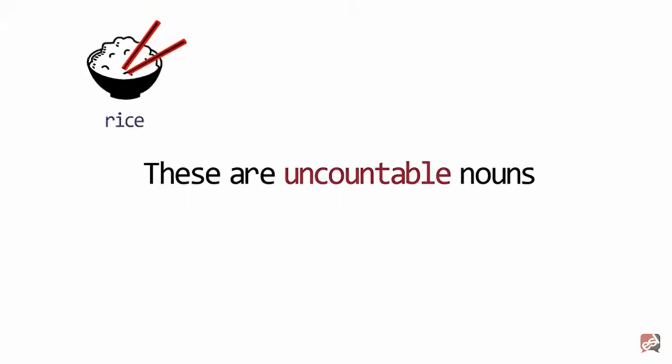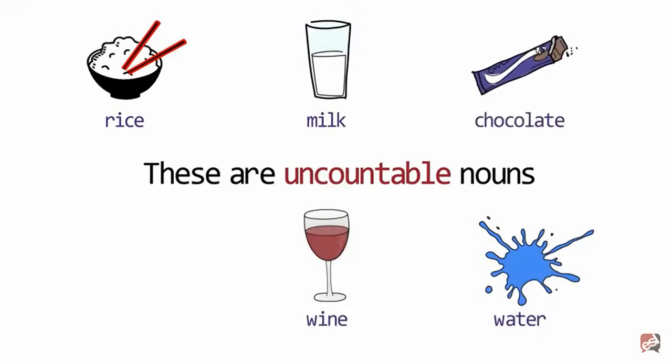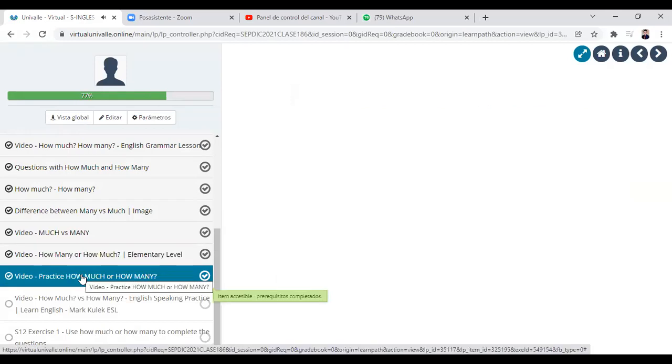These are uncountable nouns: rice, milk, water, wine, chocolate, bread, and so on.